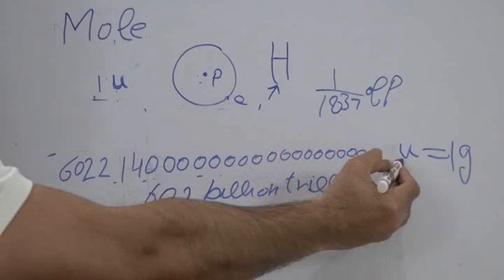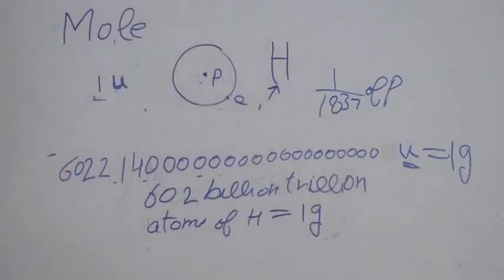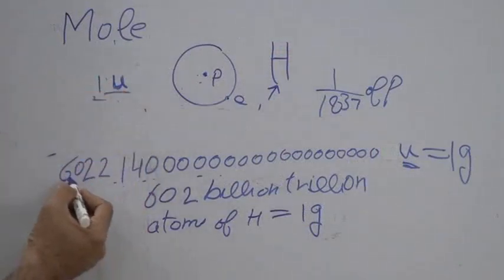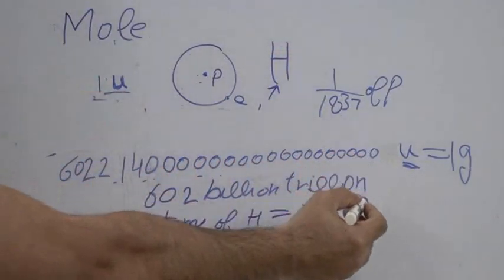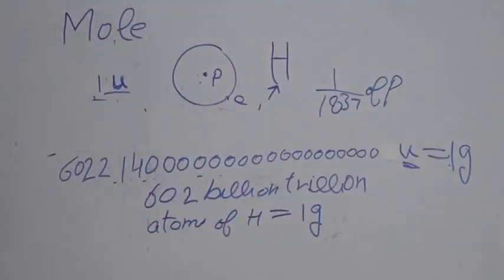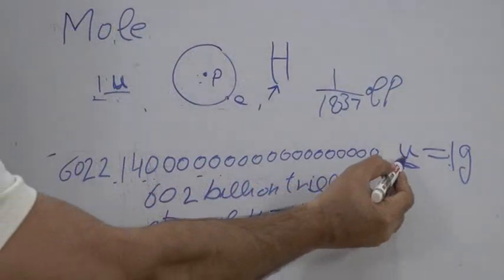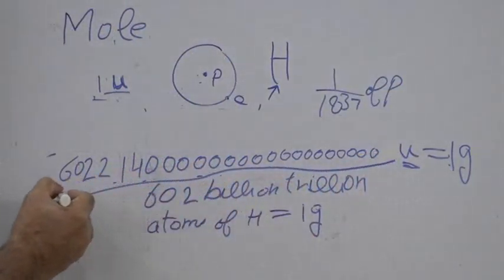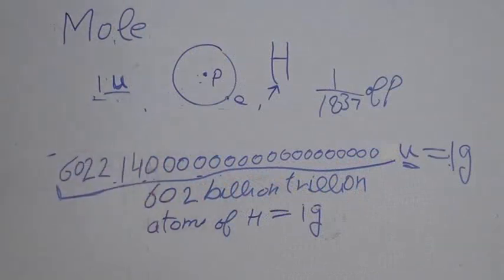This much number of any entity having mass 1 U would weigh approximately 1 gram. And this is a very big number. It is not convenient to write it repeatedly in the calculations.